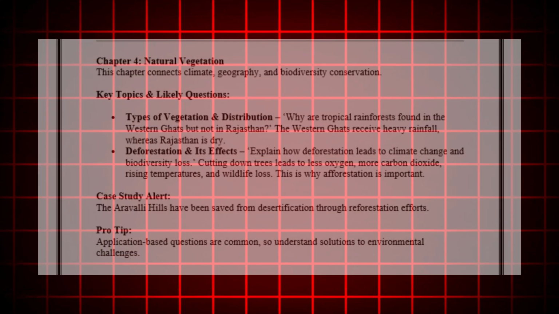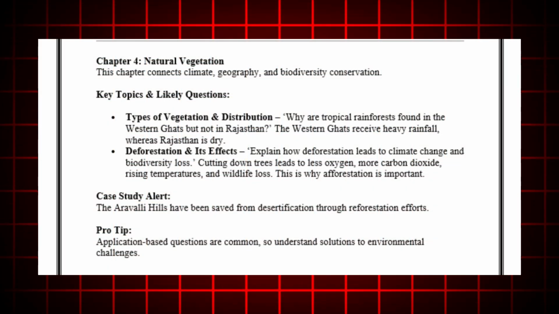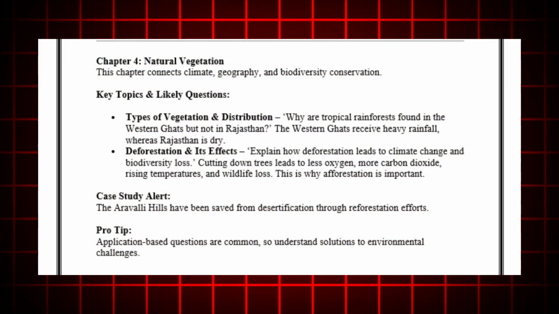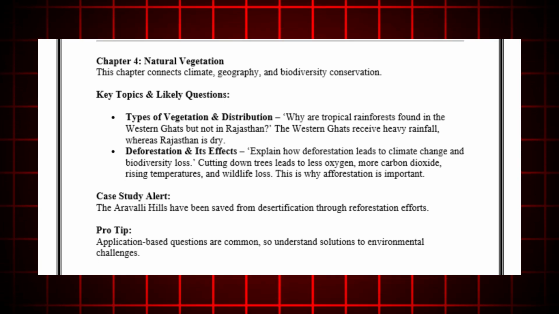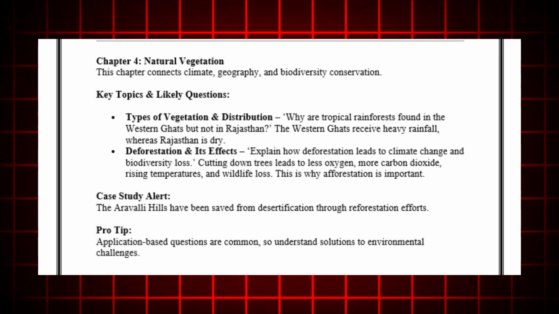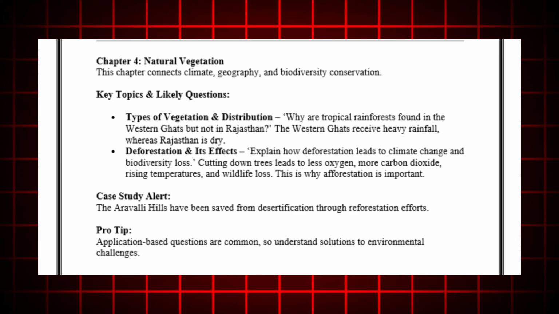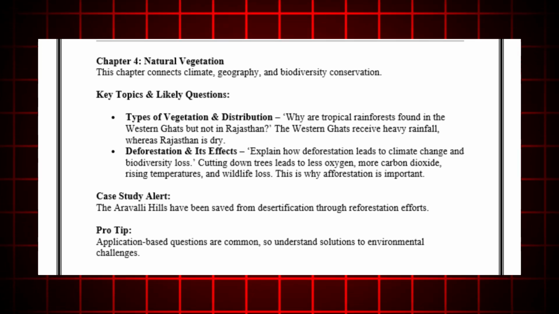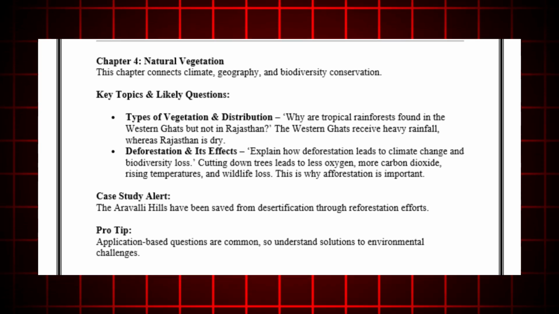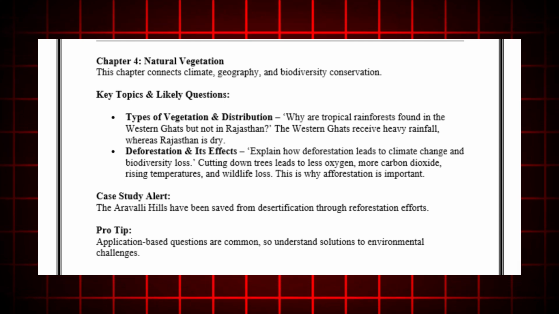Chapter 4, Natural Vegetation. This chapter connects climate, geography, and biodiversity conservation. Key topics and likely questions. Types of vegetation and distribution. Why are tropical rainforests found in the Western Ghats but not in Rajasthan? The Western Ghats receive heavy rainfall, whereas Rajasthan is dry. Deforestation and its effects.